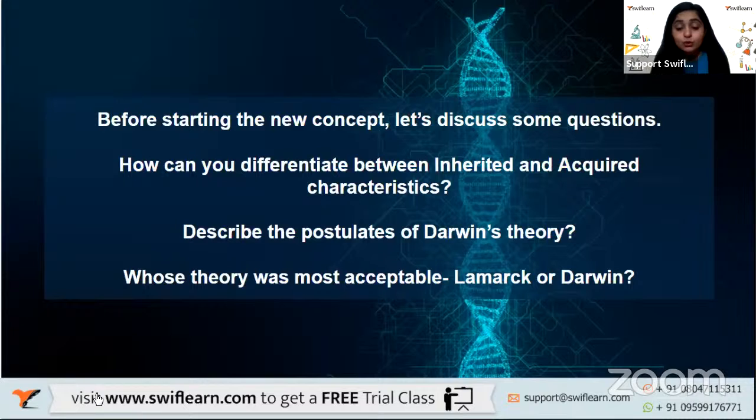Unlike Lamarck, who said that traits would develop and change during an animal's lifetime, Darwin believed that individuals were simply born with different traits, and these differences were mostly random. So these were the basic differences between the Lamarck and the Darwin theory.